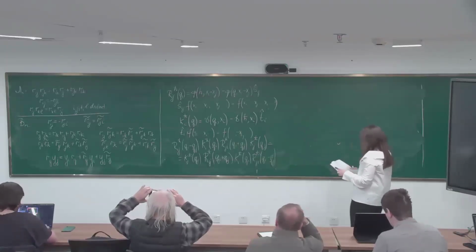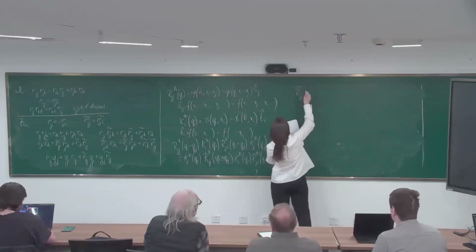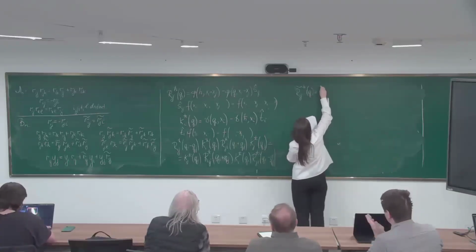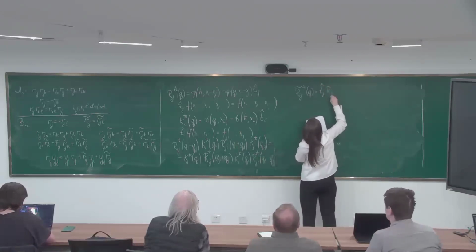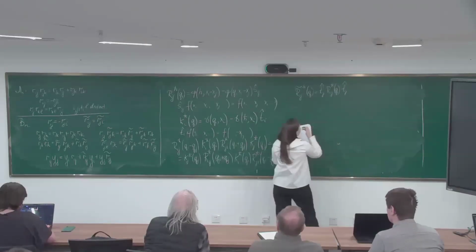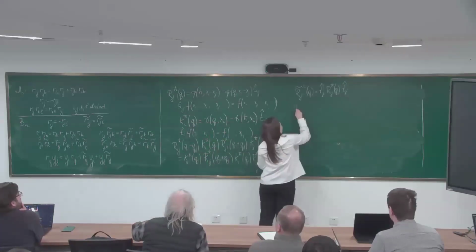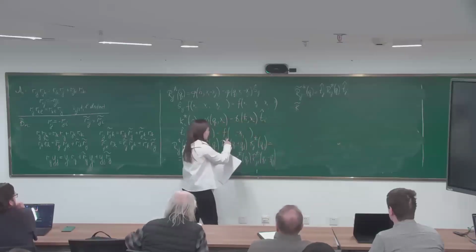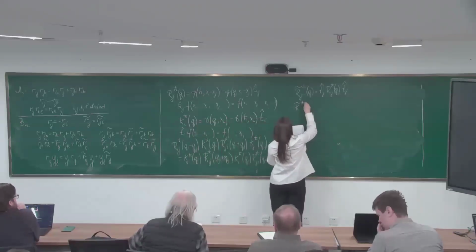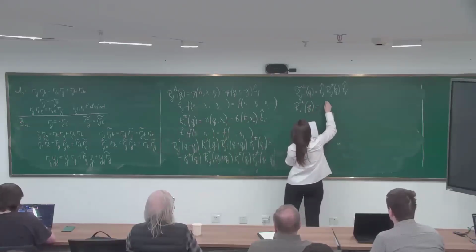Yes, and what else do I need? I need this R tilde. R tilde now is this operator, you conjugate by this T. We will use not this K from Komori-Hikami but K tilde, and it's connected with K like this.